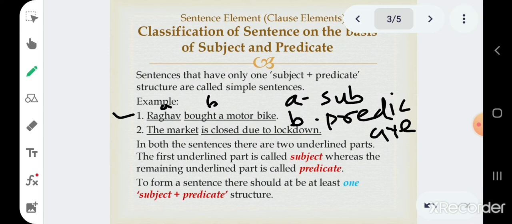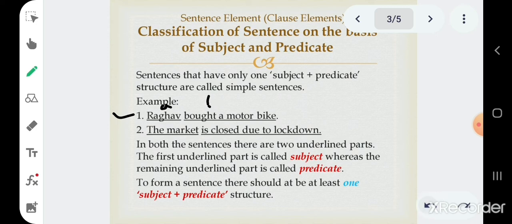Now we'll move to the second sentence. The second sentence reads: the market is closed due to lockdown. This whole sentence is divided into two underlined parts. The first part is the market, and the second underlined part is closed due to lockdown.